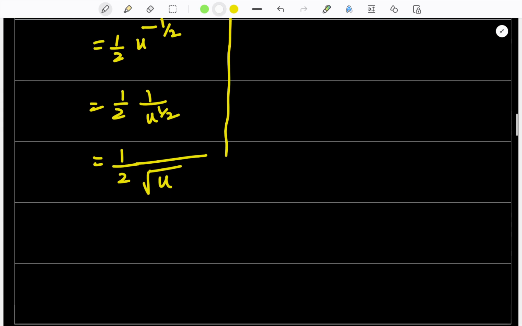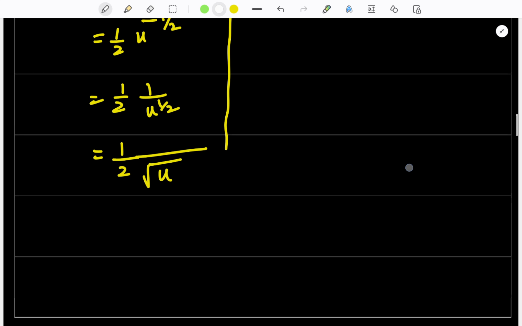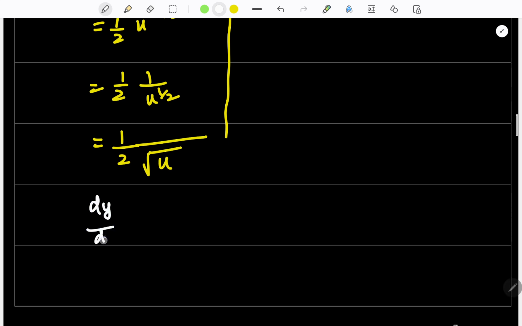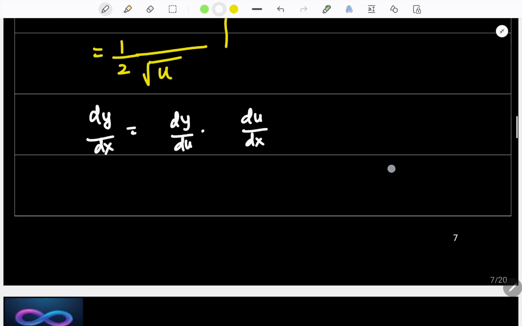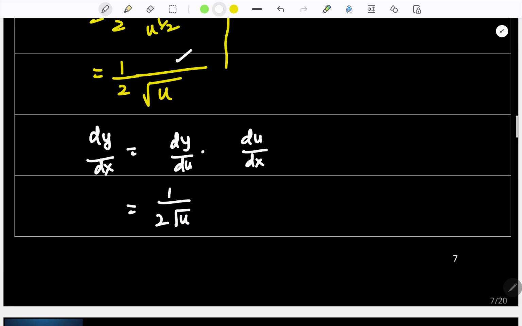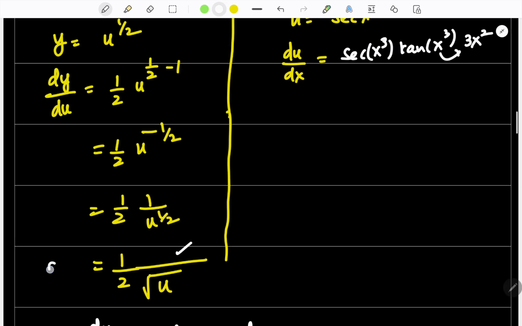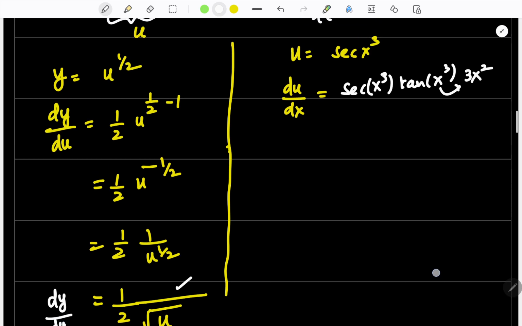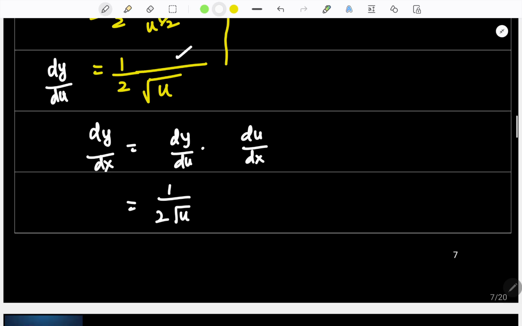Okay, right. So what is the formula? The formula is dy by dx is equal to dy divided by du times du divided by dx. This equals 1 divided by twice the square root of u, which is dy divided by du, times du divided by dx, which is secant x cube tan x cube times 3x square.